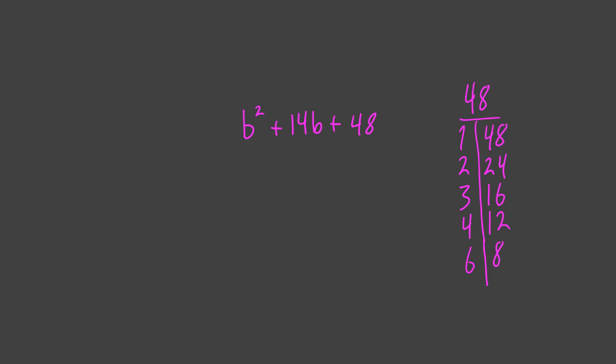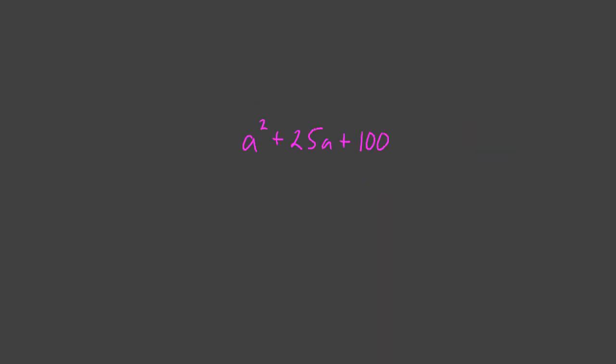Okay, and a factor pair that adds up to 14? Well, that's clearly going to be 6 and 8. We've got b plus 6, b plus 8 is our expression in factored form.